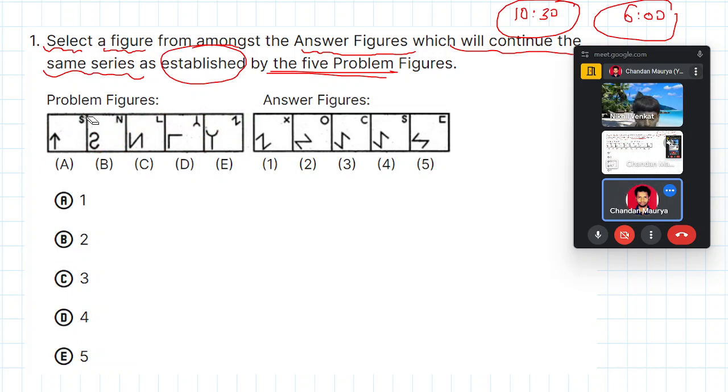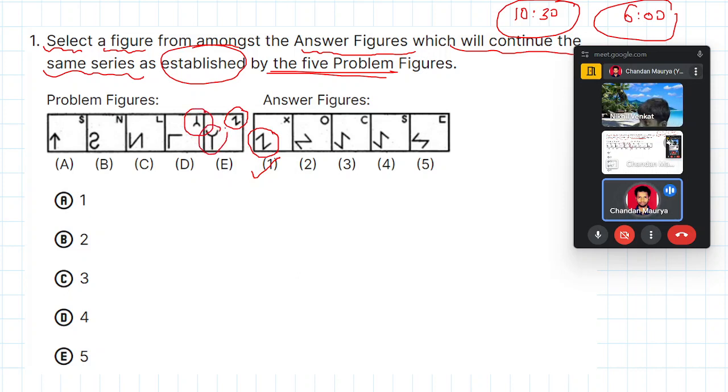Can it be option number one? I don't think so, because this Z and this Z are almost the same.